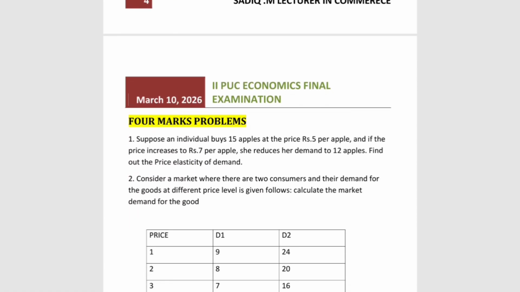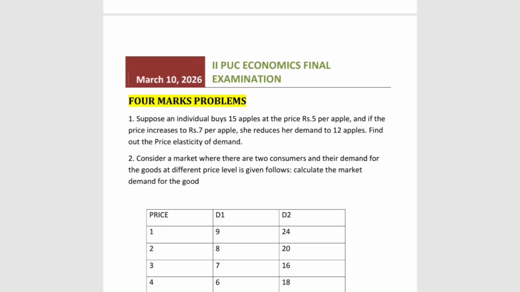So the next which I have taken is 4 marks problematic question. The first question which I have taken is from the theory of consumer behavior. So the question will be like this: suppose an individual buys 15 apples at the price rupees 5 per apple, and if the price increases to rupees 7 per apple, she reduces her demand to 12 apples.